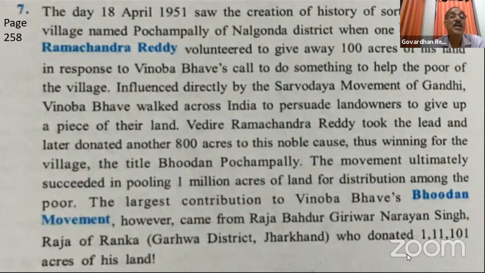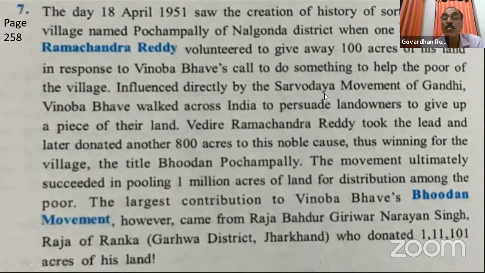Mr. Vidire Ramchandra Reddy. The day 18 April 1951 saw the creation of history of sorts in a tiny village named Pochampalli of Nalgonda district, when one Mr. Vidire Ramchandra Reddy volunteered to give away 100 acres of his land in response to Vinoba Bhave's call to do something to help the poor of the village.